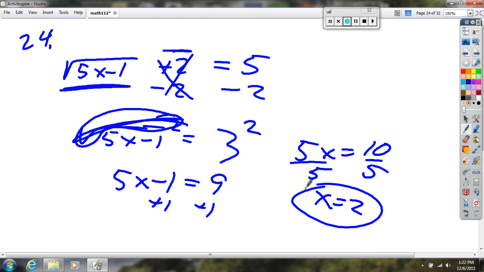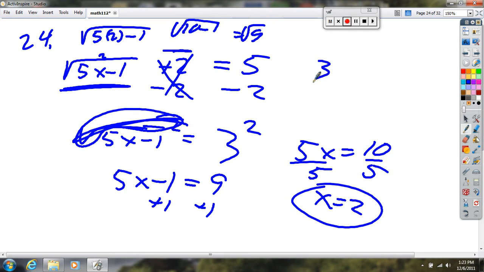So we go in here, we got 5 times 2, we're replacing the x with a 2 right there, minus 1 in the square root. Well, 5 times 2 is 10, minus 1 in the square root equals 9 in the square root, so that's a 3, plus 2 equals 5. It checks.